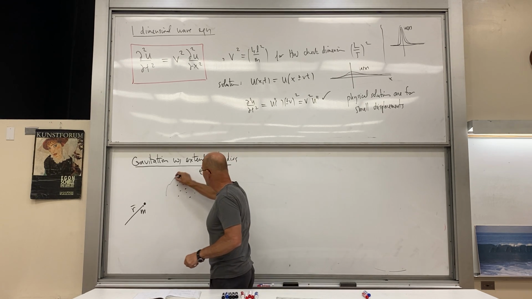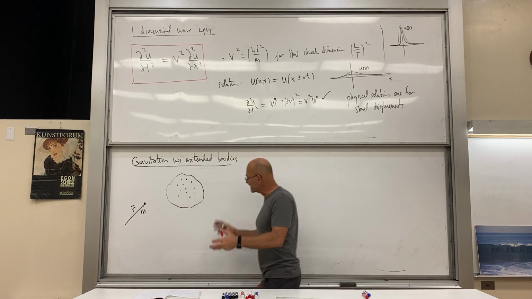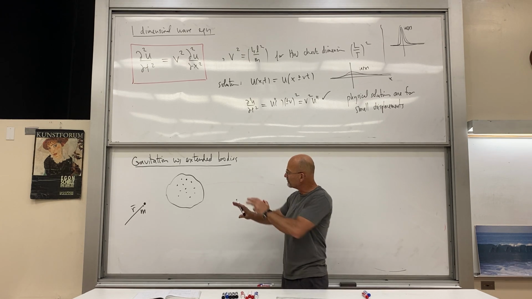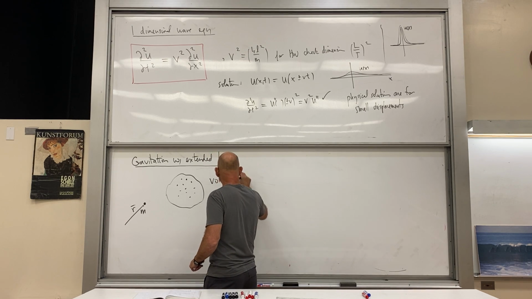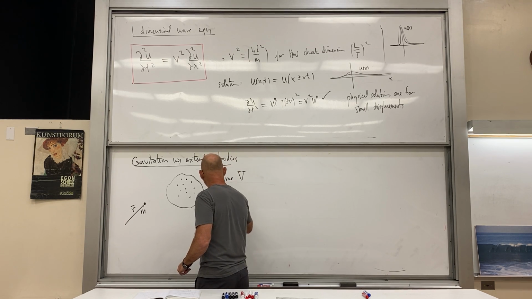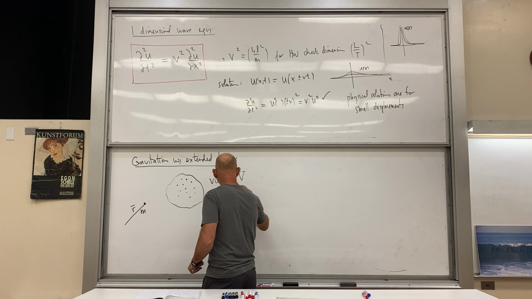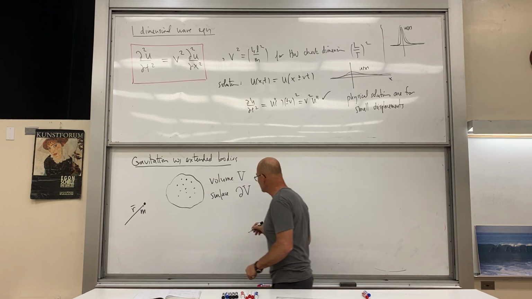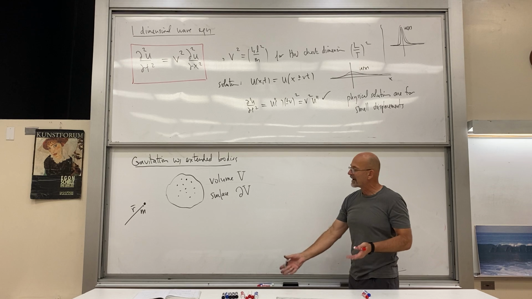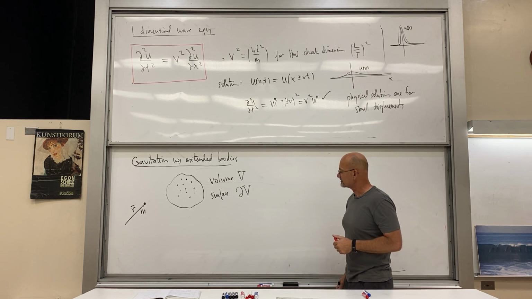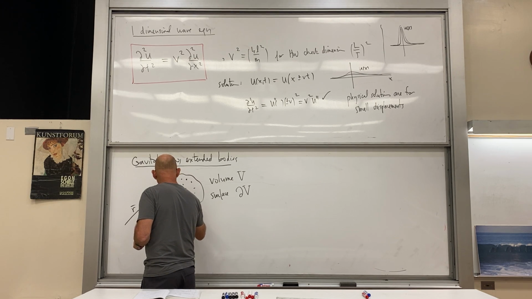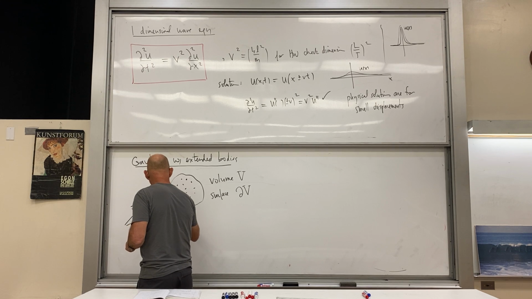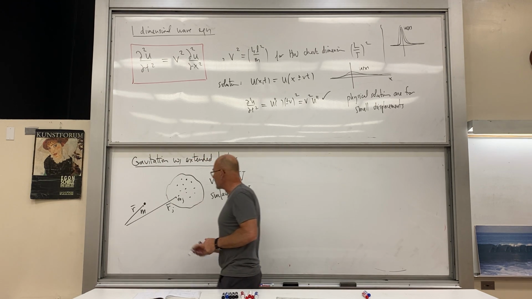So they're all contained within some volume, and that volume has a surface. So we have volume V, and the surface of that volume, we use this symbol, del V, refers to the surface that bounds that volume. And all of these are some jth particles. So we have m sub j, r sub j, j equals 1 to n.